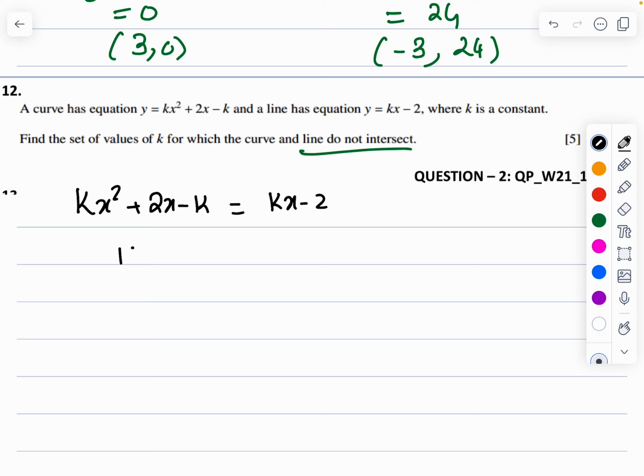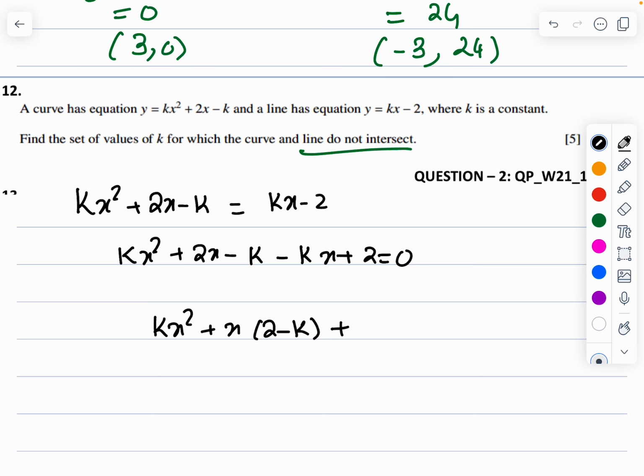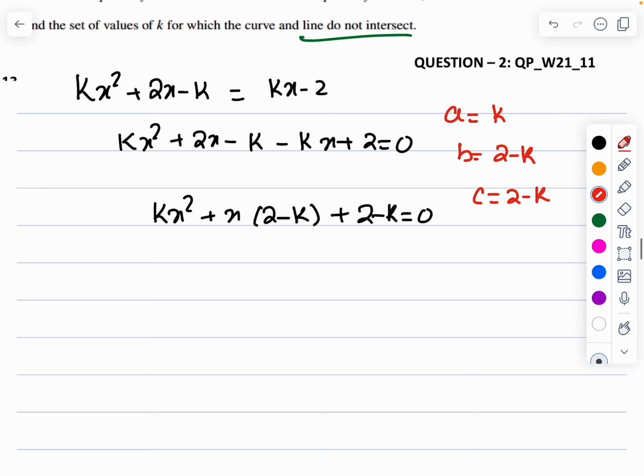So kx square plus 2x minus k minus kx plus 2 equals 0. kx square plus x common, 2 minus k, plus 2 minus k equals 0. So what is the a value? k. What is the b value? 2 minus k. What is the c value? 2 minus k.